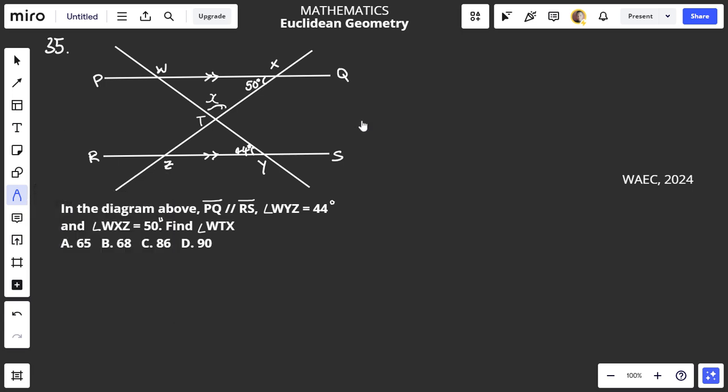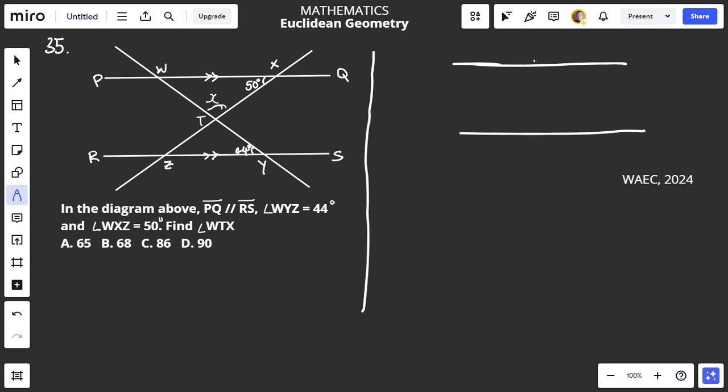Now there are a few theories that we are going to use to determine that angle. Now the first theory is this. In Euclidean geometry, if you have two parallel lines, this one is parallel to this, and a line that we call a transversal cuts across those parallel lines, if you have angle A here, this angle will be the same as A. We call that alternate angle.